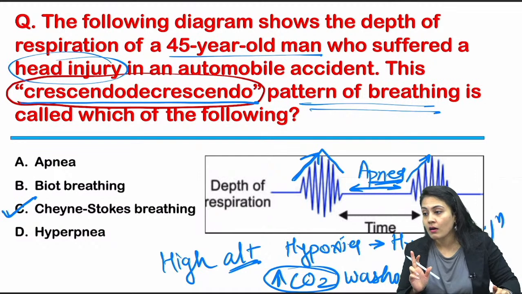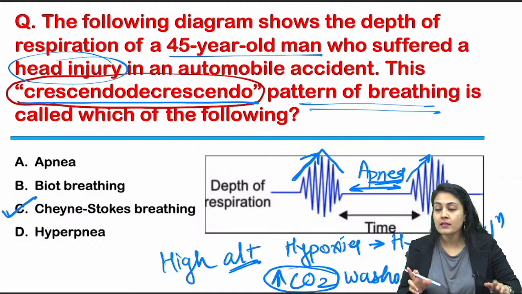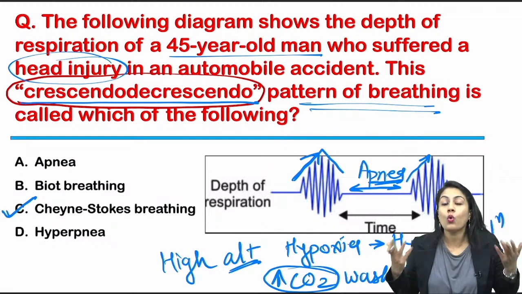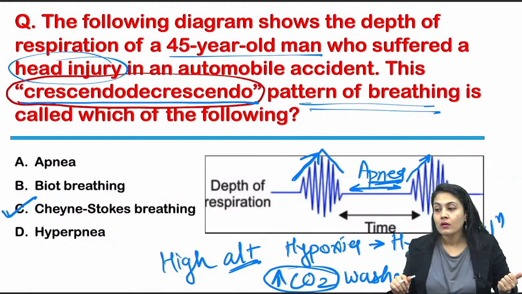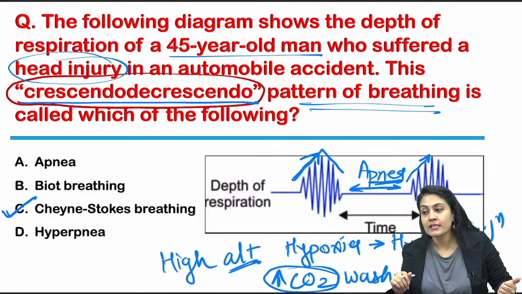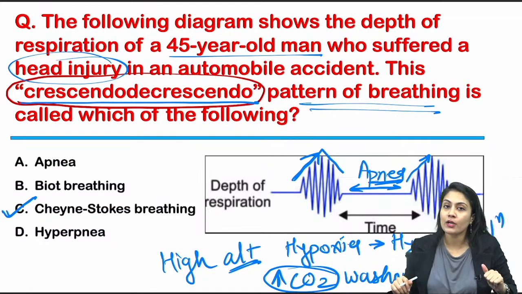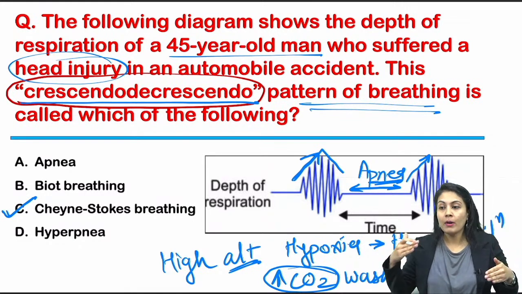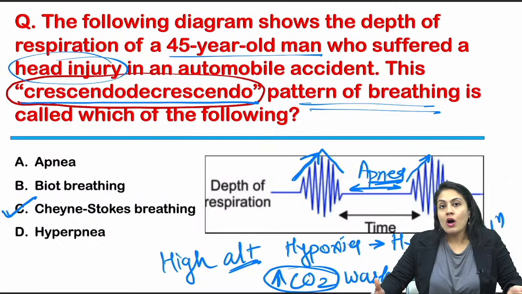That depends, Pratik, that depends. They haven't mentioned whether the head injury is at the brainstem level or at what level, okay? So unless and until the level is mentioned, we cannot say it is Biot's breathing. Suppose there is a problem above the pons, right? Then our regulation is not going to get hampered, okay?